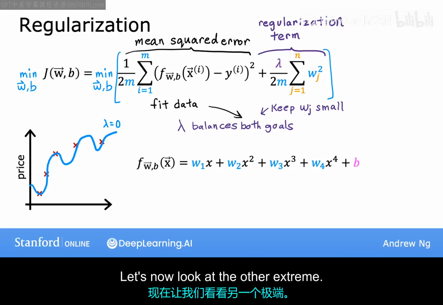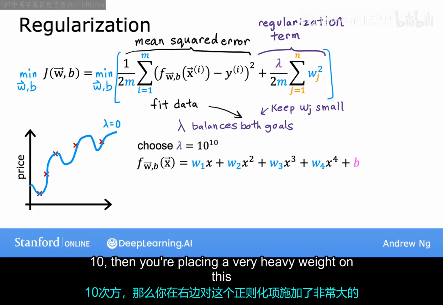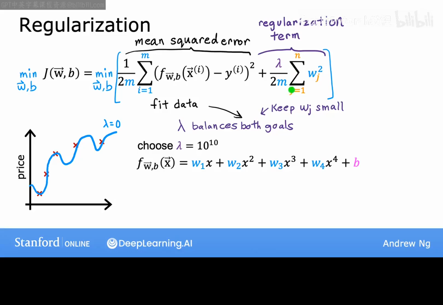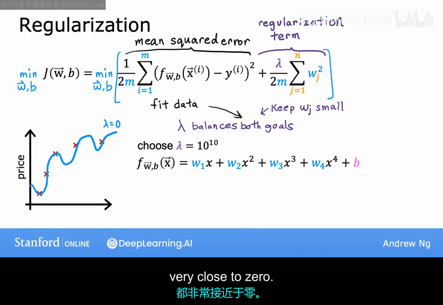Let's now look at the other extreme. If you set lambda to be a really, really, really large number, say lambda equals 10 to the power of 10, then you're placing a very heavy weight on this regularization term on the right, and the only way to minimize this is to be sure that all the values of w are pretty much very close to 0.